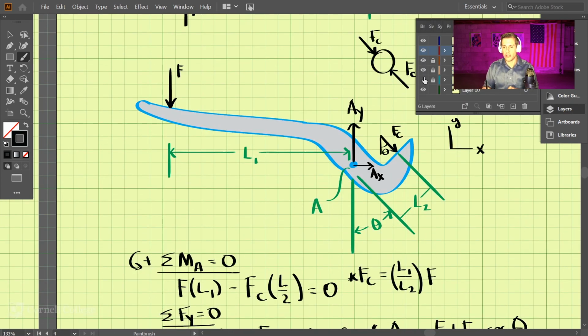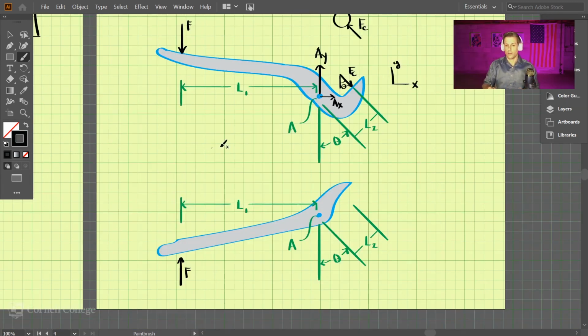So let's just take a look at the other side of the plier here. So here is the other side, and likewise with the internal forces here, we need to make sure that our forces are canceling each other out as we add everything together.